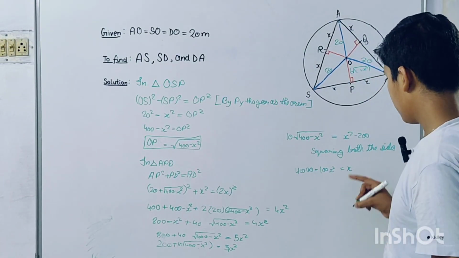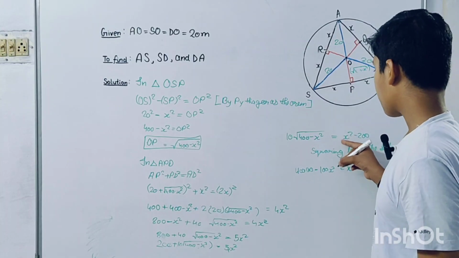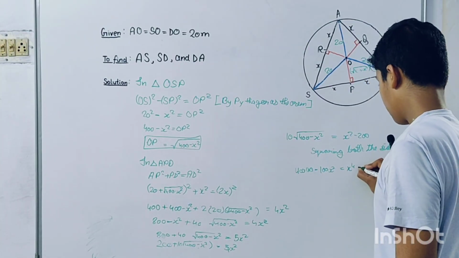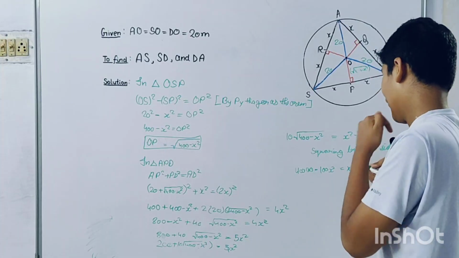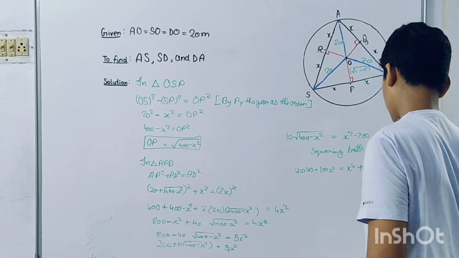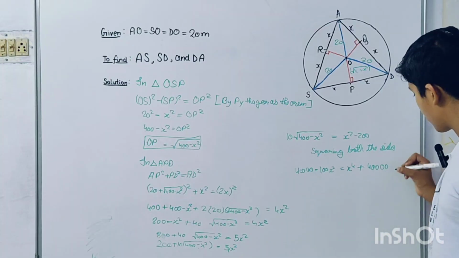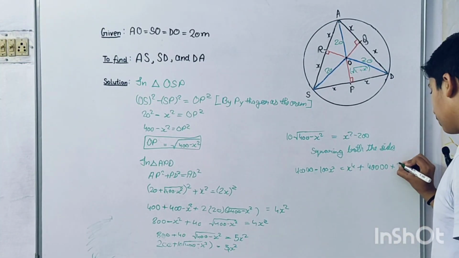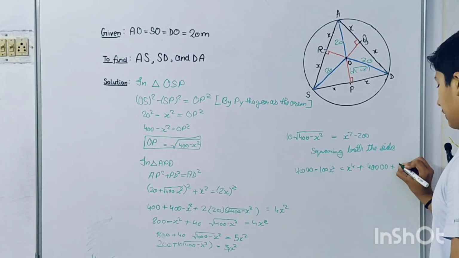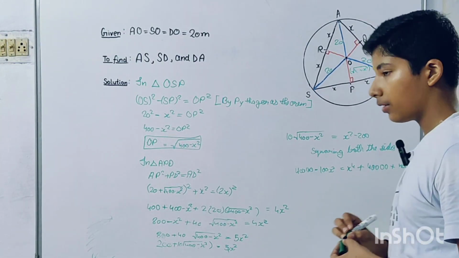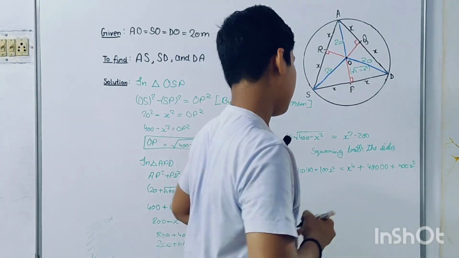First of all, by squaring both the sides, x square will be x to the power 4, plus 200 square means 40,000, plus 2ab, 2 into means 400 x square over here.